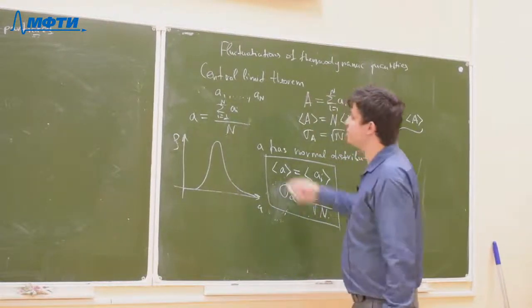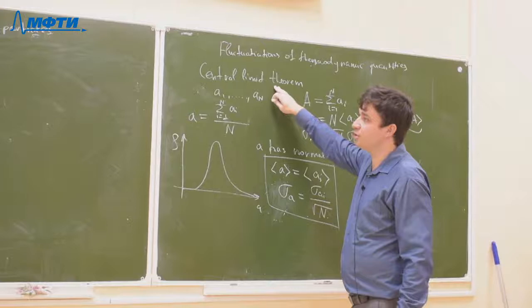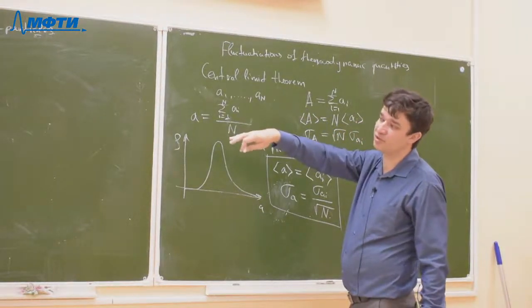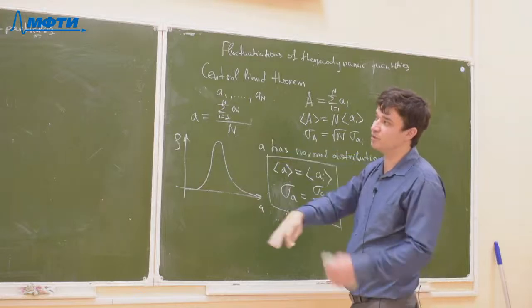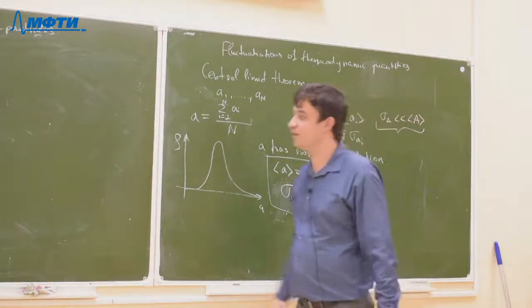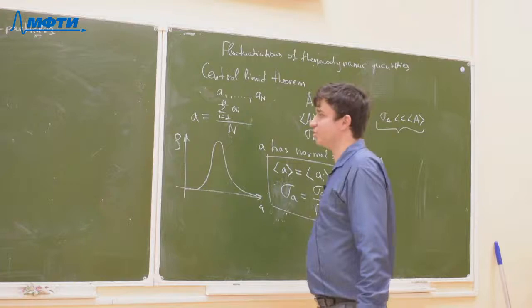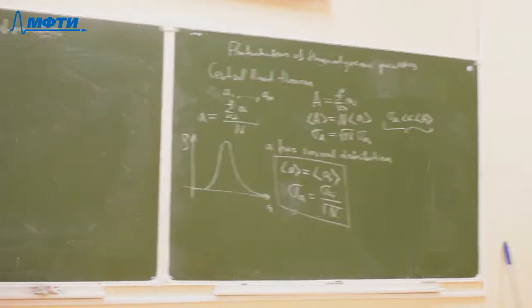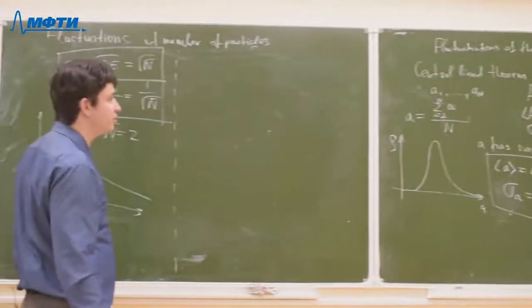That is because the central limit theorem is a more general statement than any statement regarding the number of particles in the selected volume. This is a more general law, and that's why we have some limitations imposed on this law.